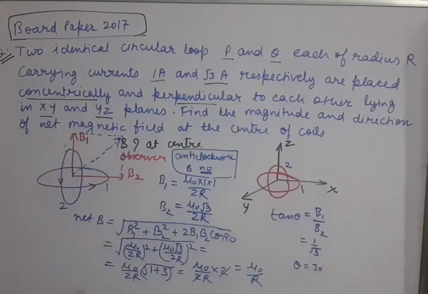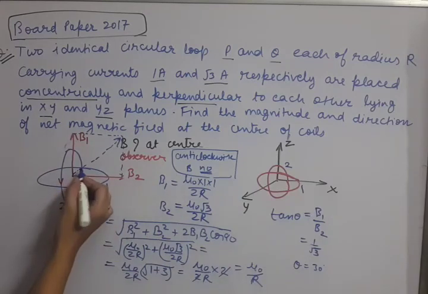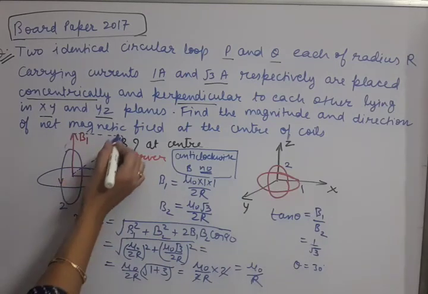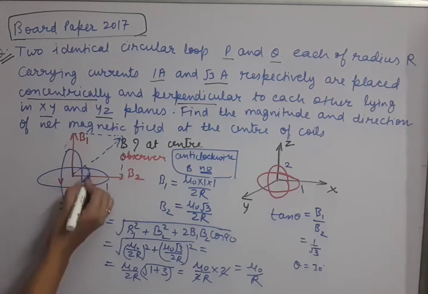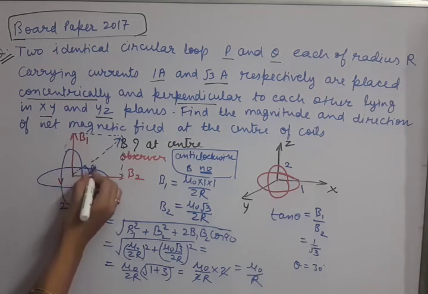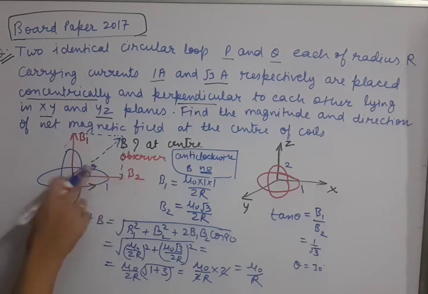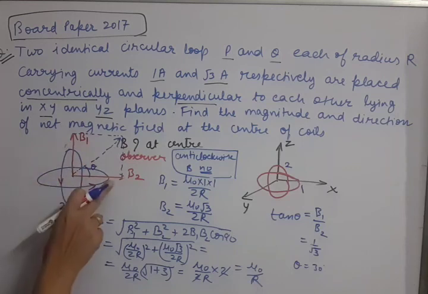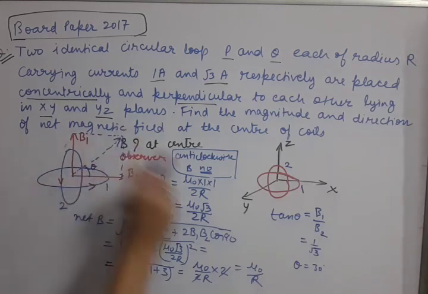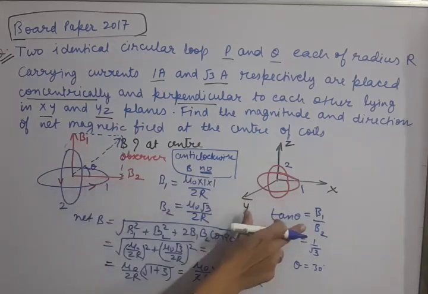Now see, students, the direction part. We have to find the resultant's direction. We can take theta, or you can call it alpha. Suppose this is theta, the resultant's angle with the horizontal direction. So how do we find tan theta? We can apply perpendicular upon base. Perpendicular is B1, base is B2.